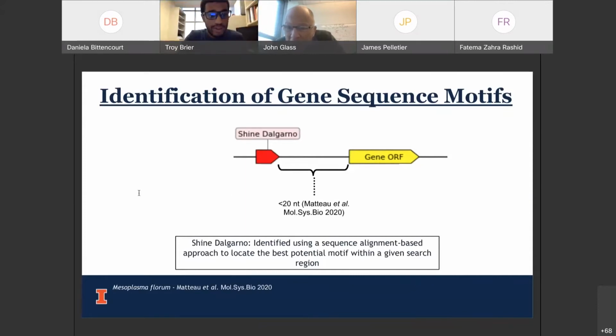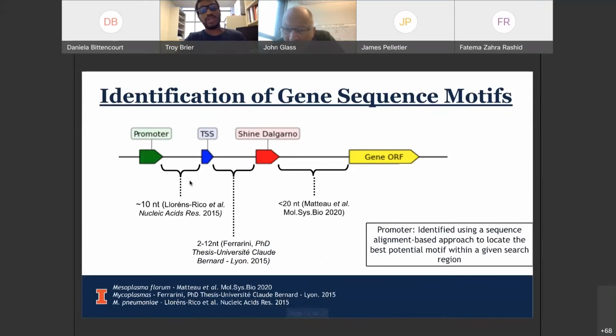Now that you've identified a potential Syn1.0, you can then identify the other features. The transcription start site is not necessarily defined computationally, but again we can use information from related organisms to define a search region for the promoter. And so the promoter was found in a very similar way to the Syn1.0.